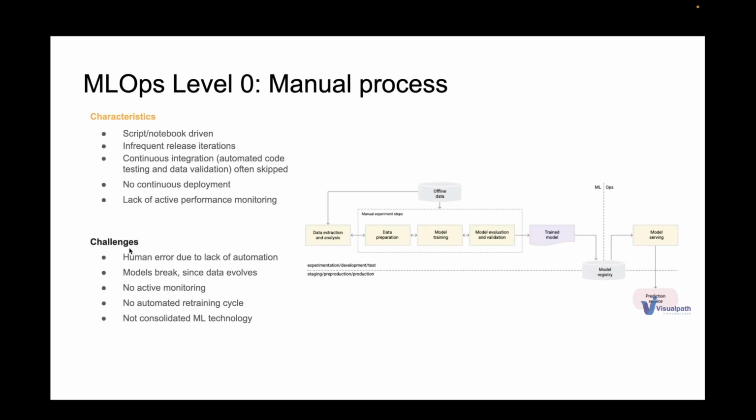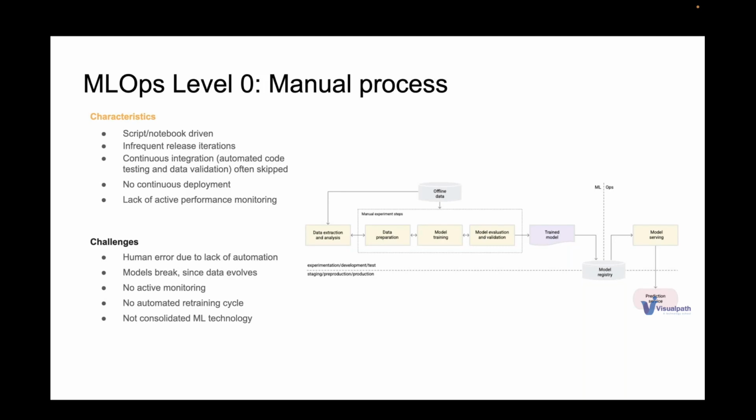What can be the challenges? Human error can occur because it's a human process. Without automation, humans can make errors. Models can break because data ever evolves. The data changes. I gave the example of COVID yesterday.